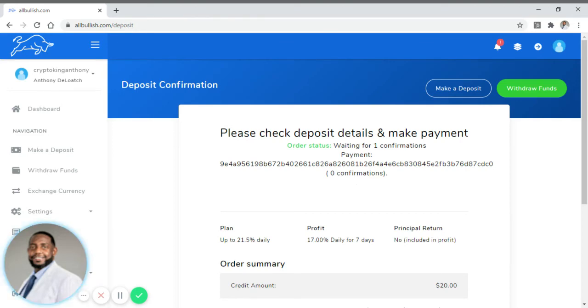But what I'm going to do to multiply this, or to compound it, if you will, is reinvest the $3.57 every day that it actually pays me out. When I reinvest that every day, it'll allow me to compound it over and over again, and compound it quickly so that I can turn that $20 into much, much more money.